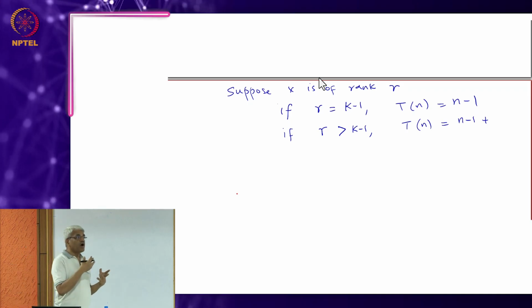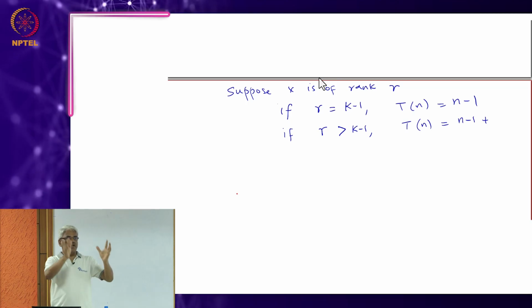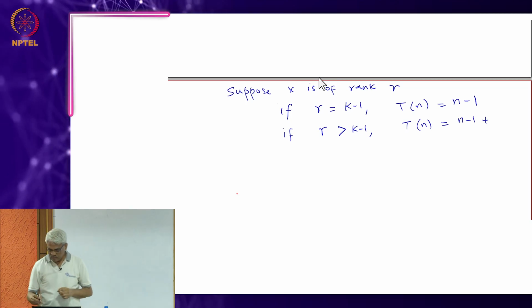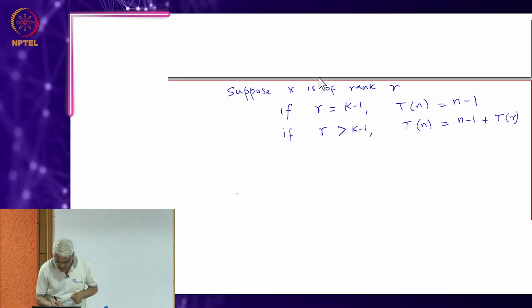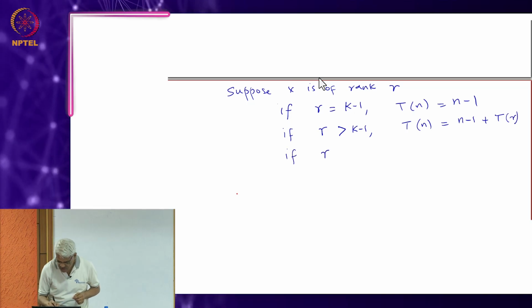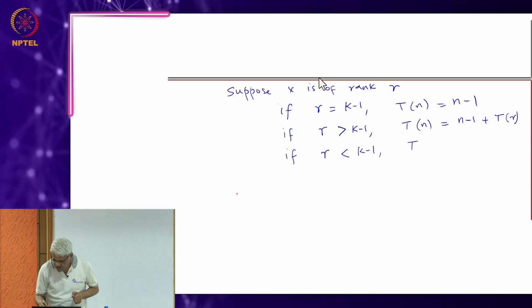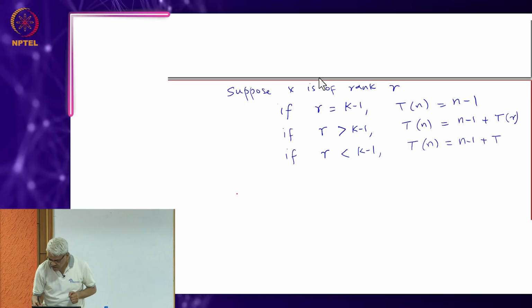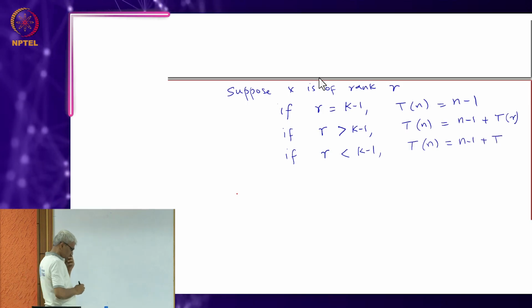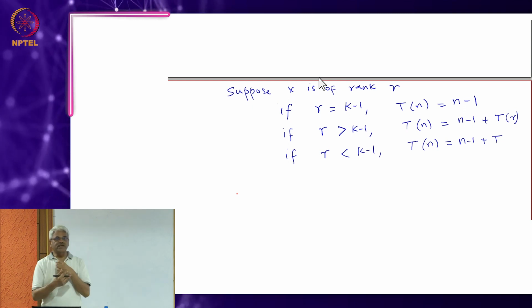T of R, exactly, right, because I am going to recurse on the left side whose size is R. And if R is less than k minus 1, I am going to recurse on the right side, and what is its size?